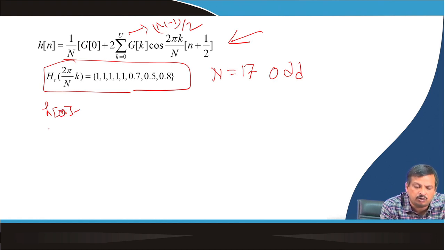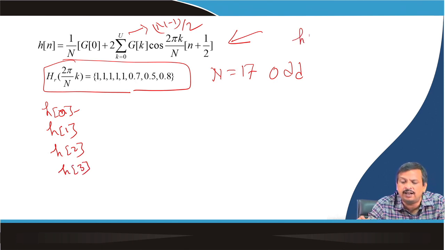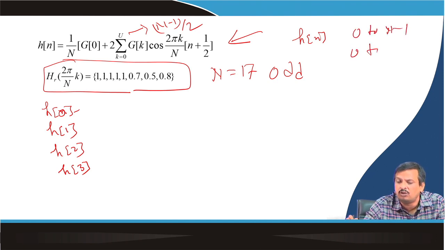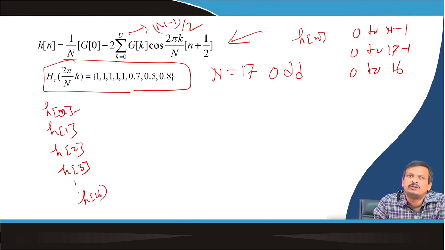So, h(0), h(1), h(2), h(3). What is the length of h(n)? h(n) varies from 0 to N minus 1, so it is 0 to 17 minus 1, that is 0 to 16. So, the index goes up to h(16), okay?